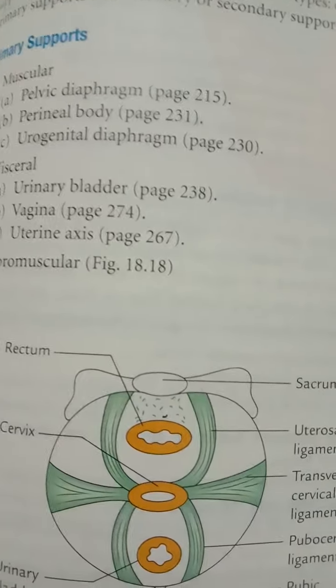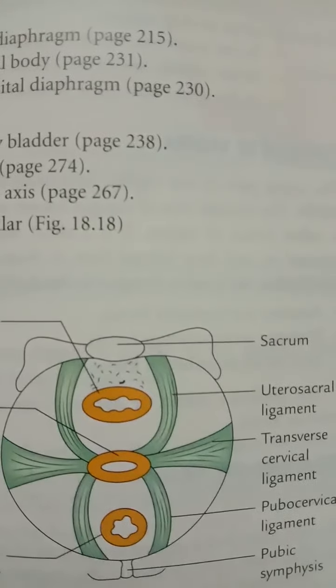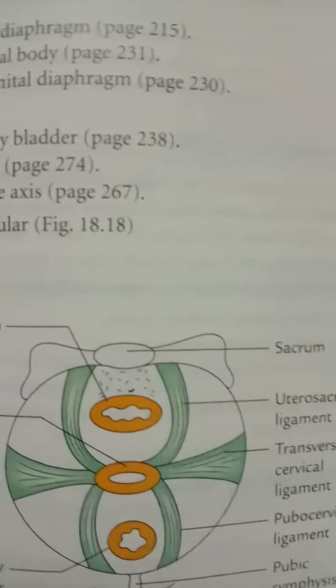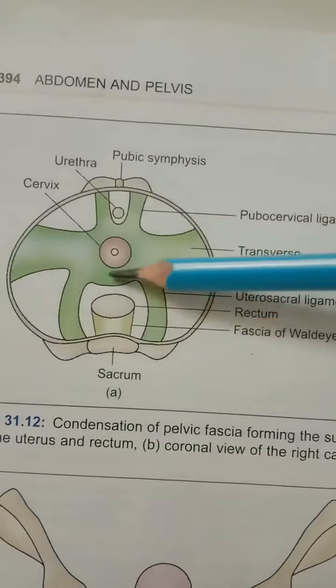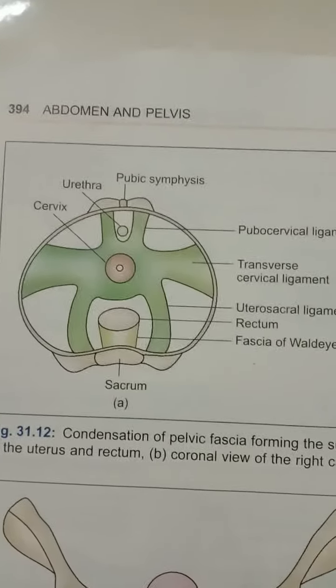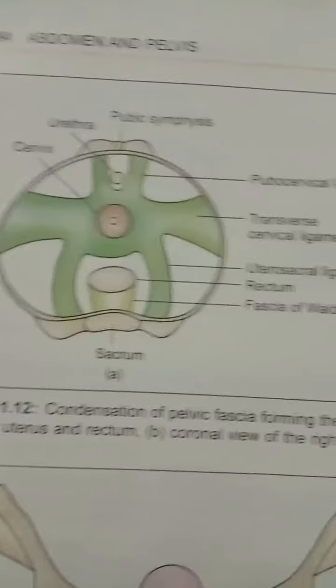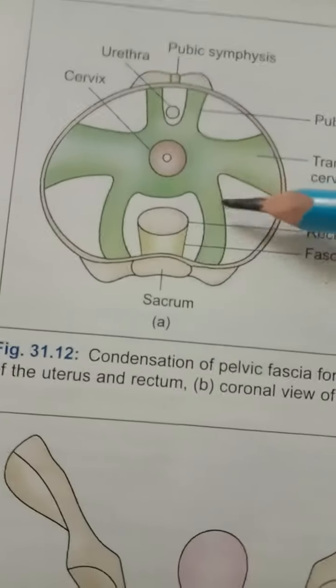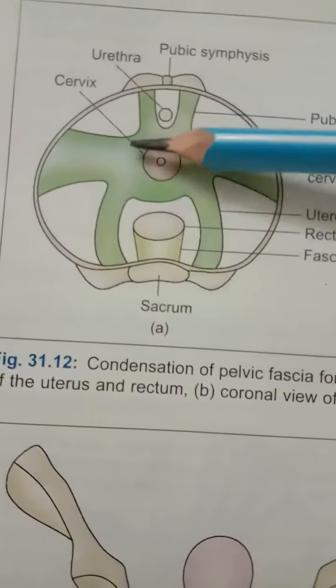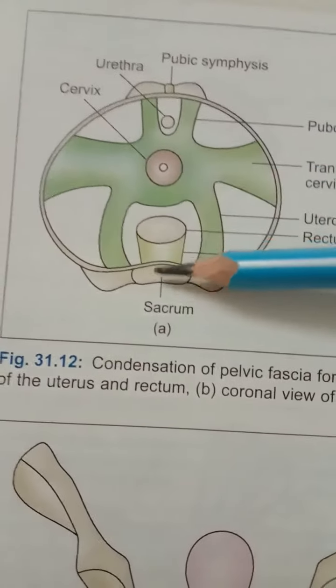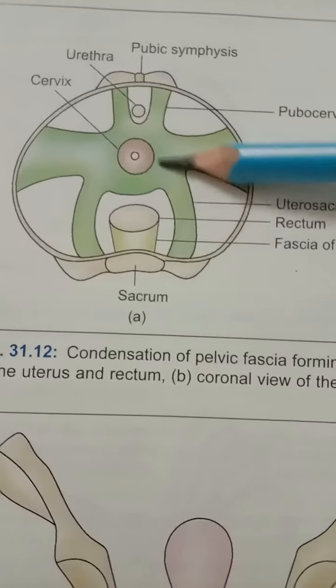Then the third ligament is the uterosacral ligament, so here in this diagram you can see the uterosacral ligament, this one. It is a pair of fibrous bands which extends from the cervix to the second and the third sacral vertebra, this one.